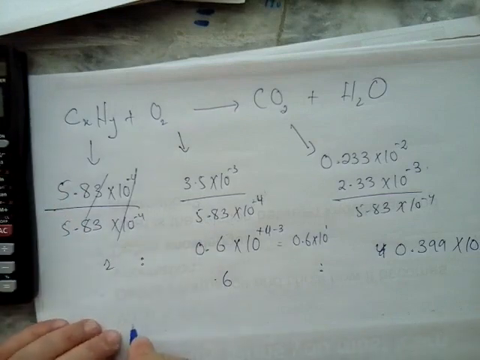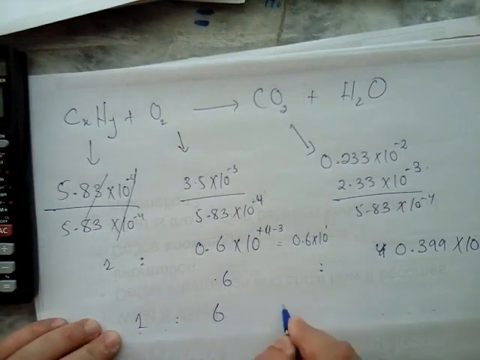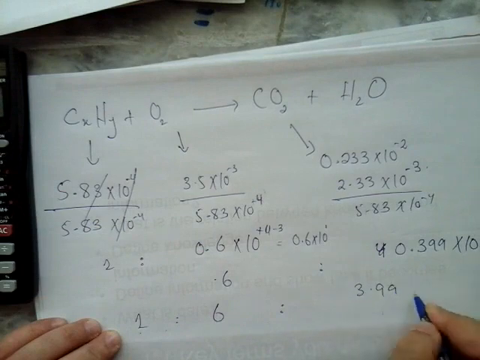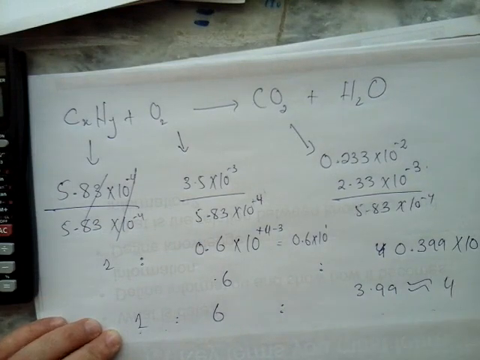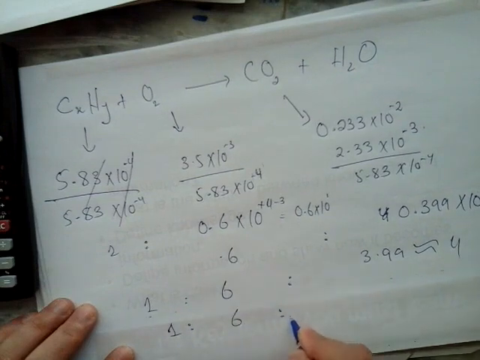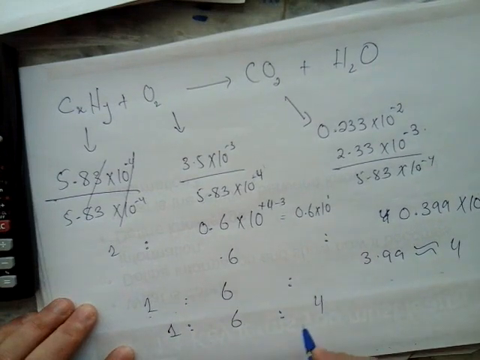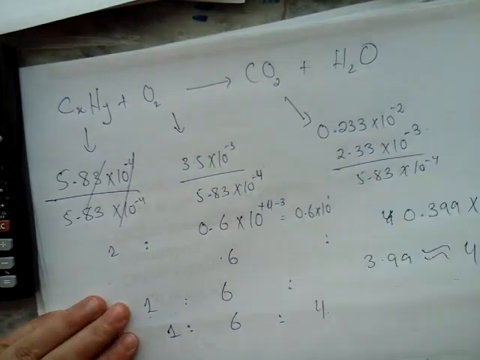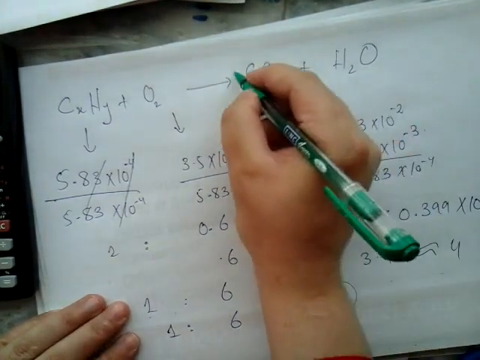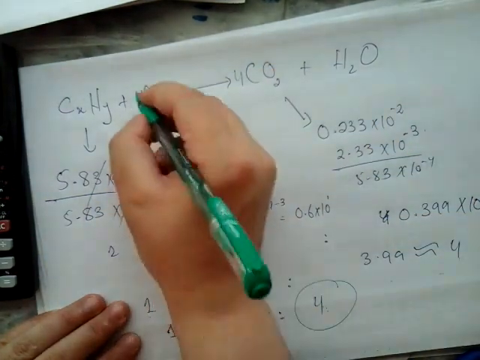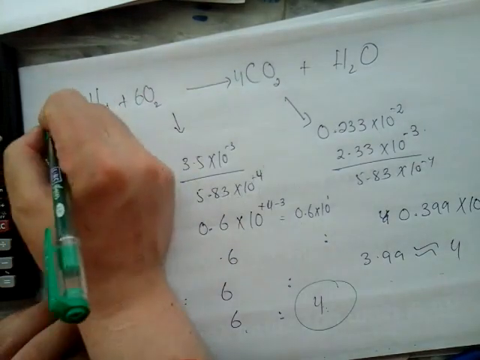So I can write over here 1 is to 6 is to 3.99, which is almost equal to 4. Is that clear? So the ratio becomes 1 is to 6 is to 4. So this 4 was related to carbon dioxide, and 6 to oxygen, and here 1.